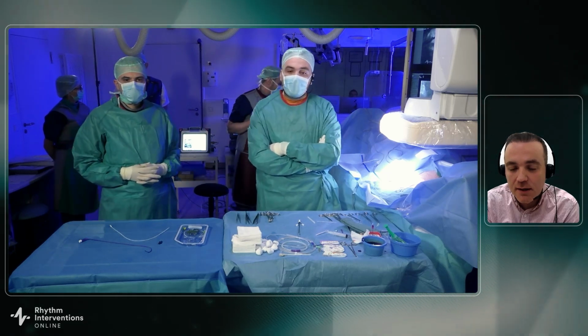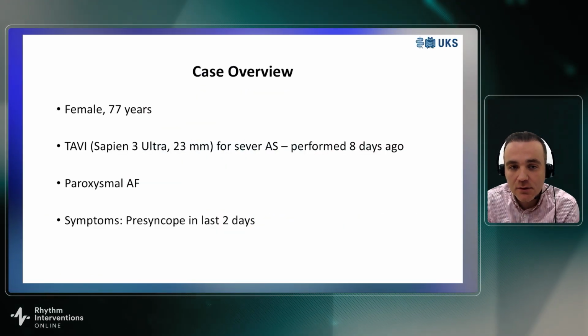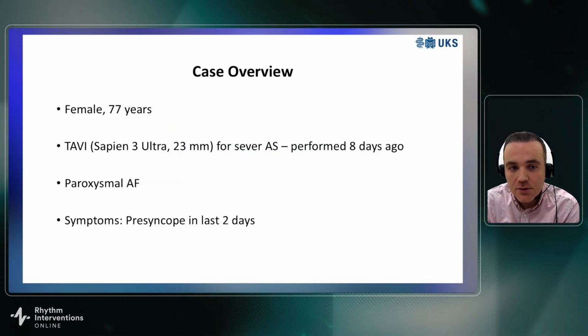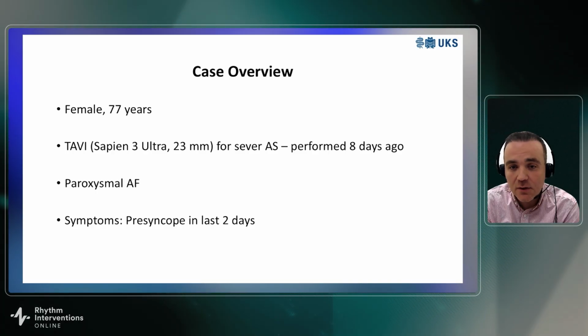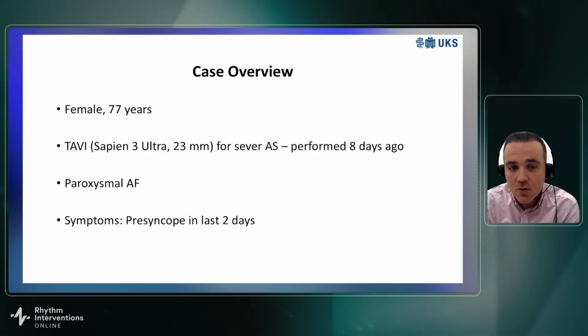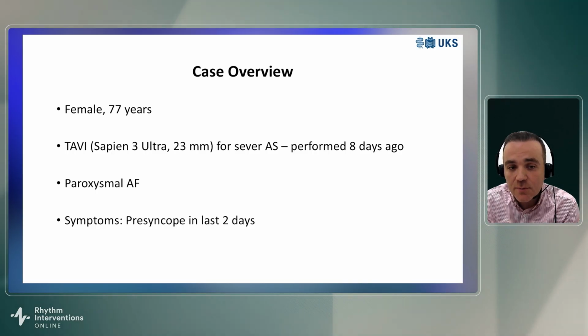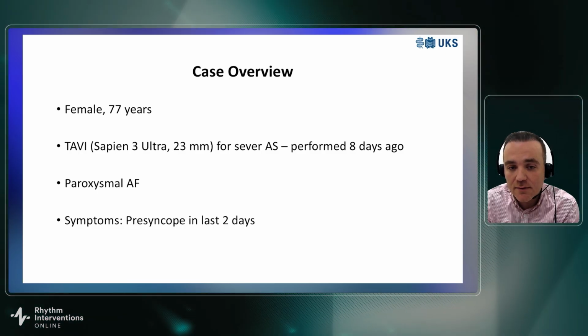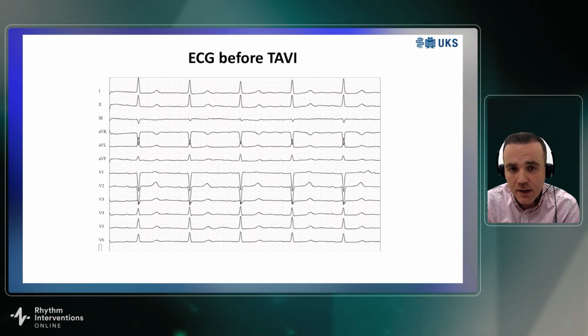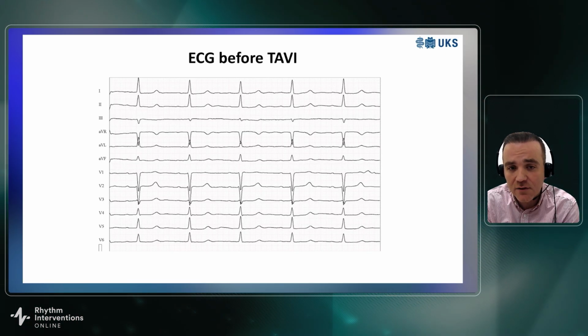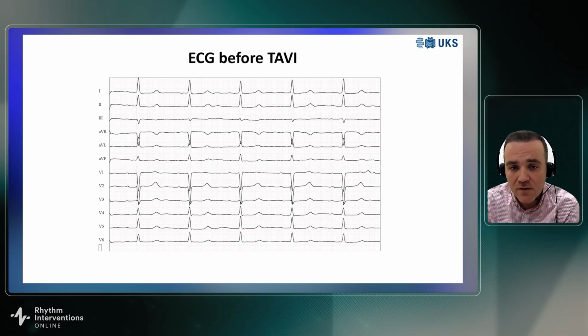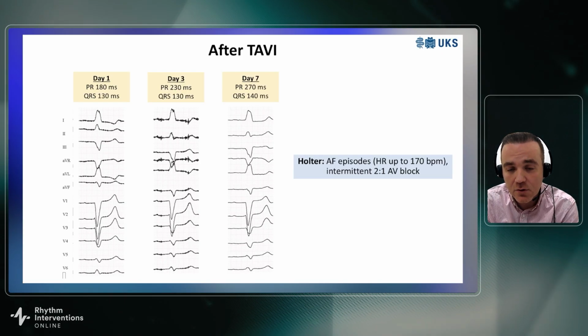So it's about a lady, 77 years old, and she underwent a TAVI for severe aortic stenosis 8 days ago. She has a non-paroxysmal AF, and she experienced many pre-syncope events in the last 2 days. Here we can see her ECG before TAVI: a normal sinus rhythm, normal AV time, and a normal QRS duration.